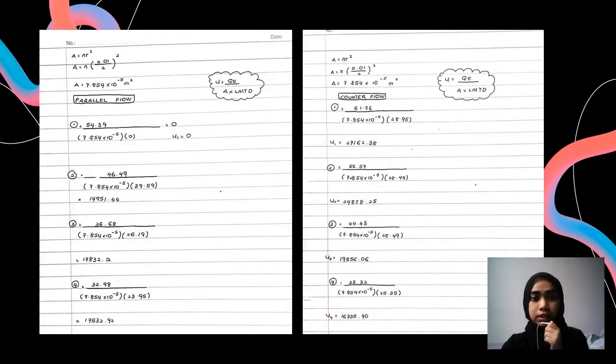So here is the value of U for parallel flow. The formula is QE over A times LMTD.